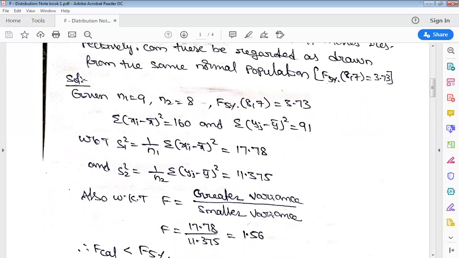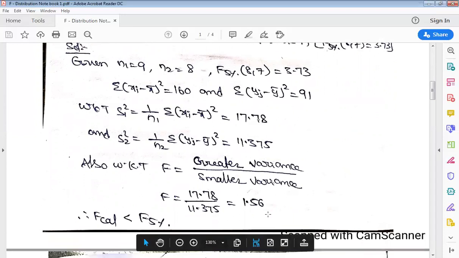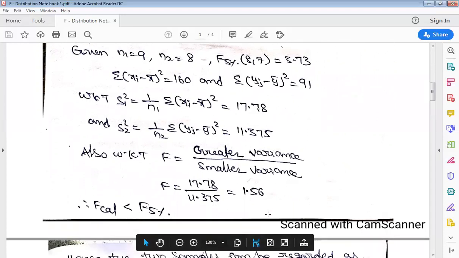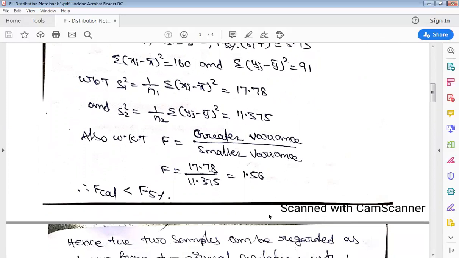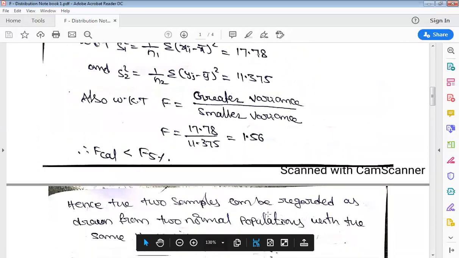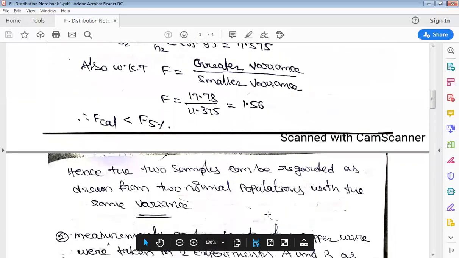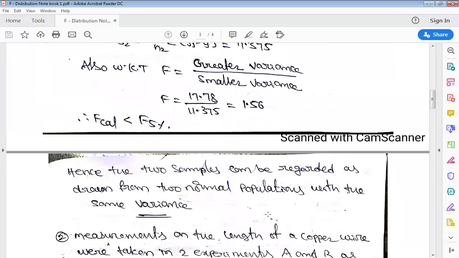Now let's use the formula for F, which is greater variance by smaller variance. By substituting, we get F is equal to 1.56. So comparing it with F of 5%, we see that F calc is less than F 5%. Hence, we can conclude the two samples are drawn from the same population with the same variance.